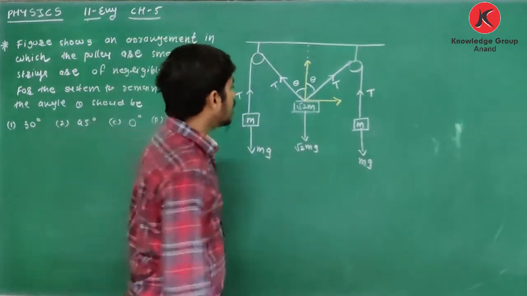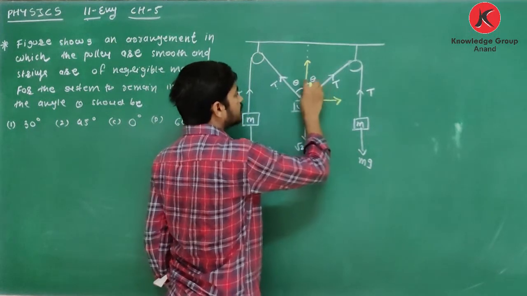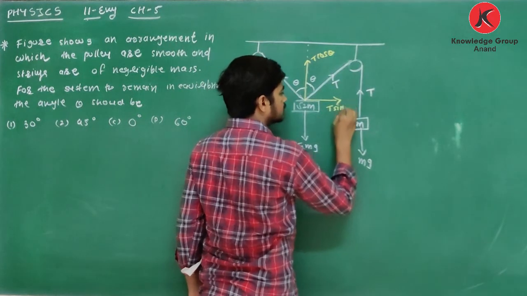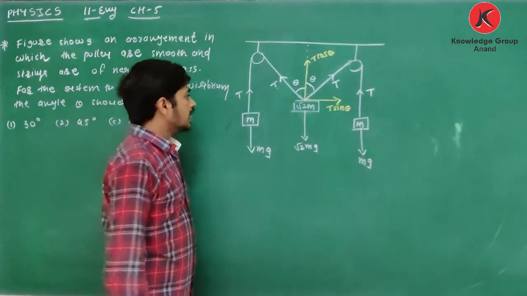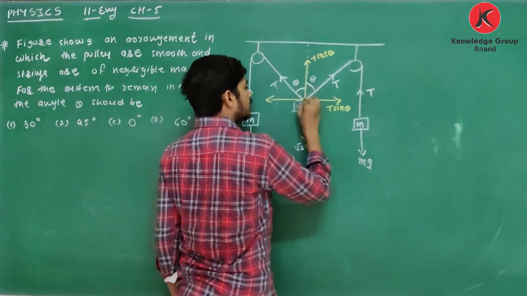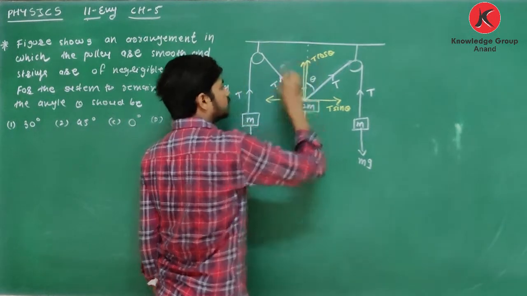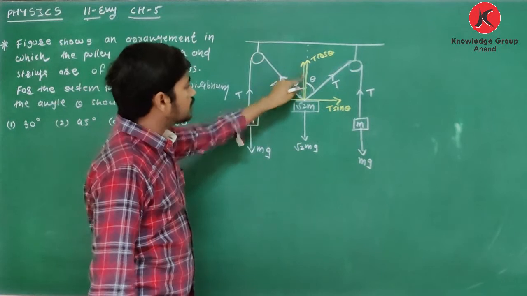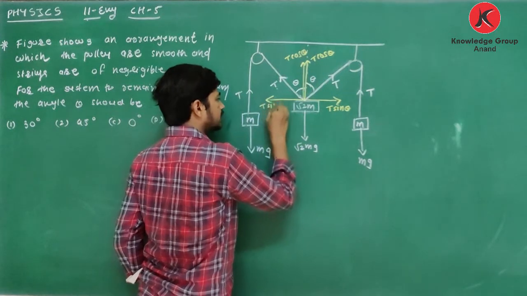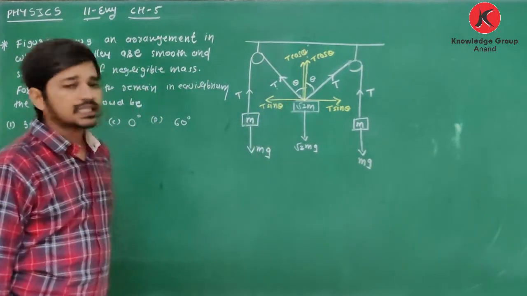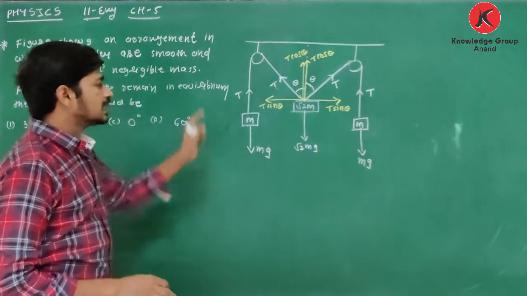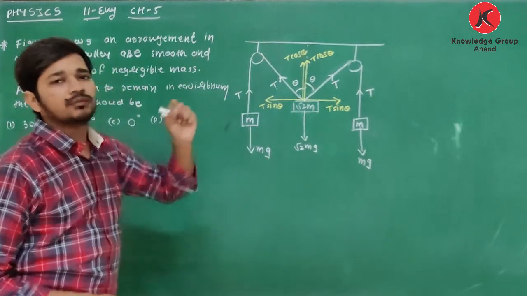As T is making angle theta with this component, it becomes T cos theta, and the other becomes T sin theta. Again, this T we will resolve in two components, and again T is making angle theta with this component, so it becomes T cos theta, and the other becomes T sin theta. Clear about this?